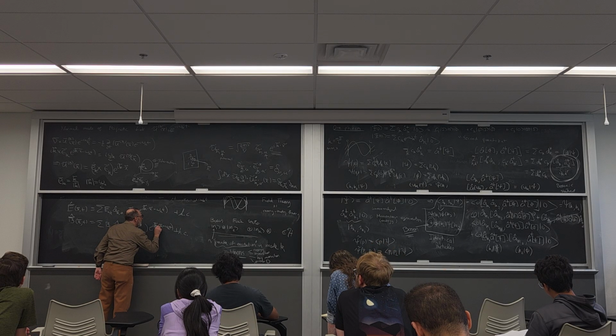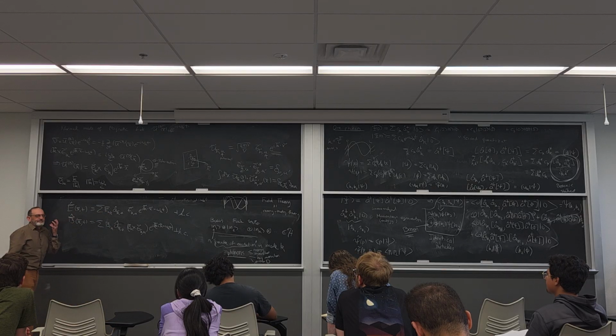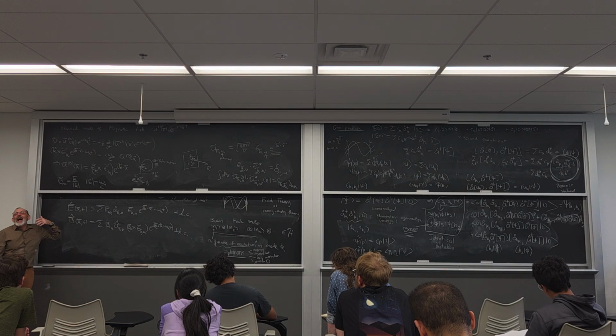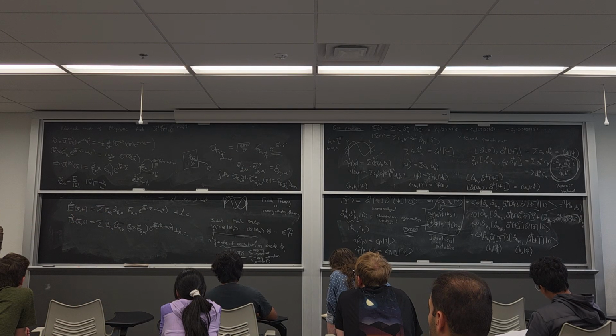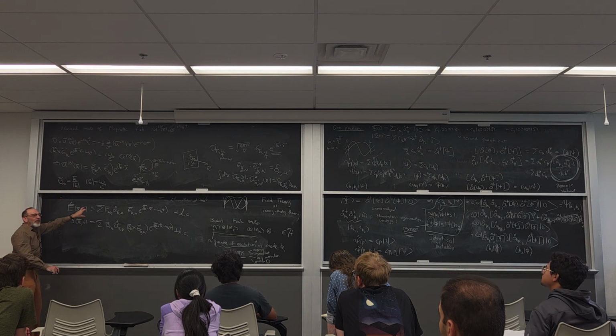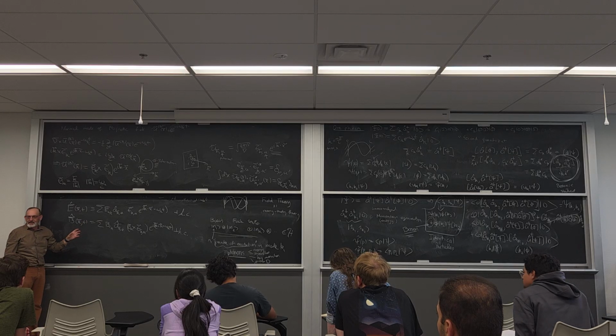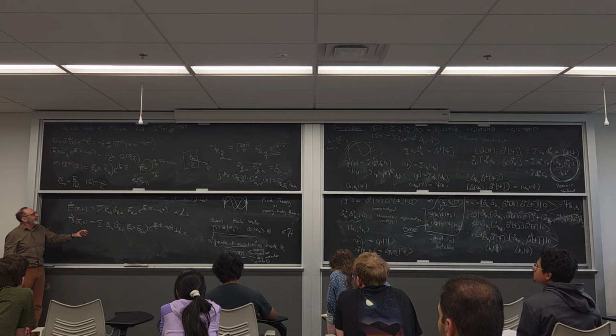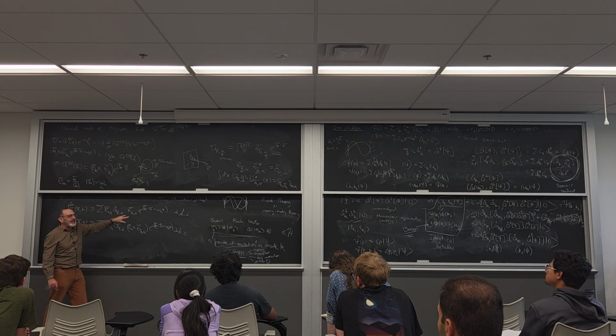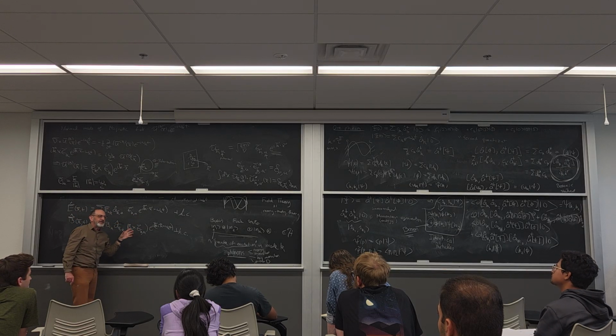So let us take a look at this. This has all kinds of fancy dots and vectors and u's, but it's basically what we wrote down for the phonons. For every normal mode, there are creation and annihilation operators.